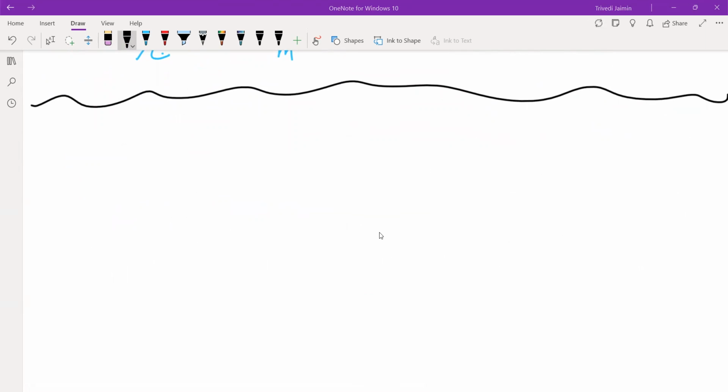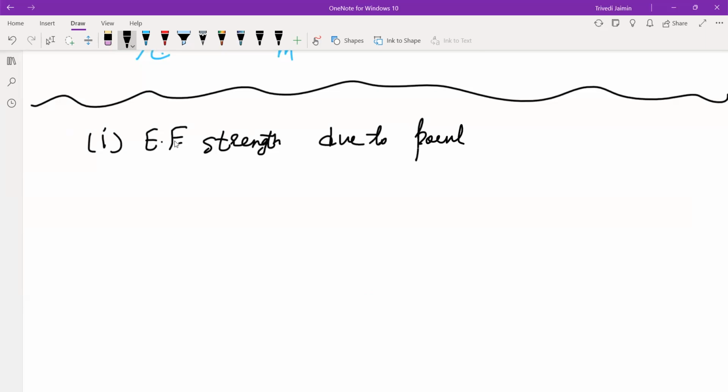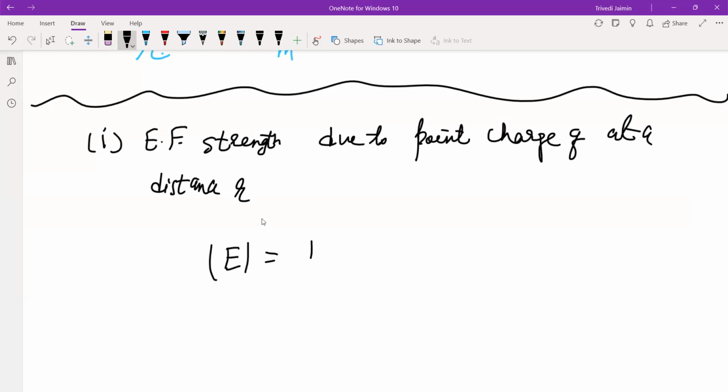So let's write here first one: electric field strength due to point charge Q at a distance R. So that's what we got here.